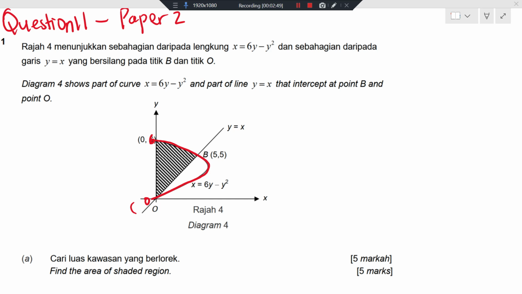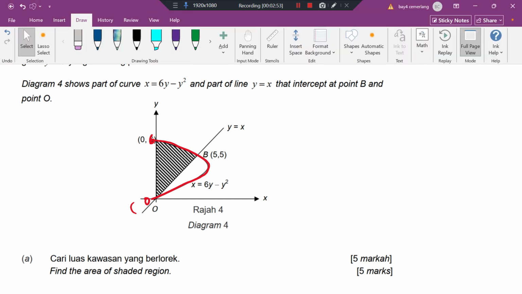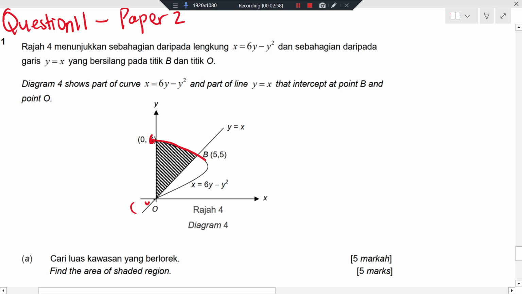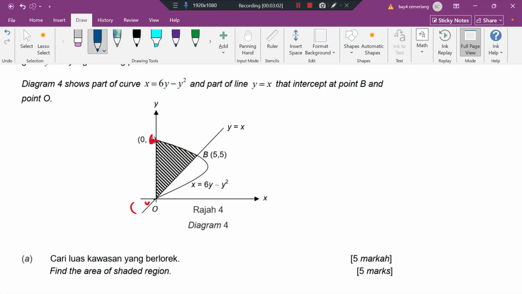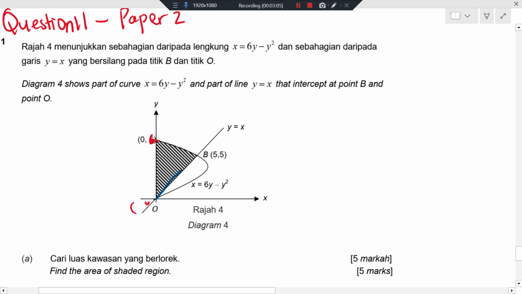Maybe we think a little bit differently for this question. This is a straight line, correct? Until here it's a straight line, so until here it should be a triangle area. This is 5. Now you can see very clearly. So this is your A, this is your B, let's say.